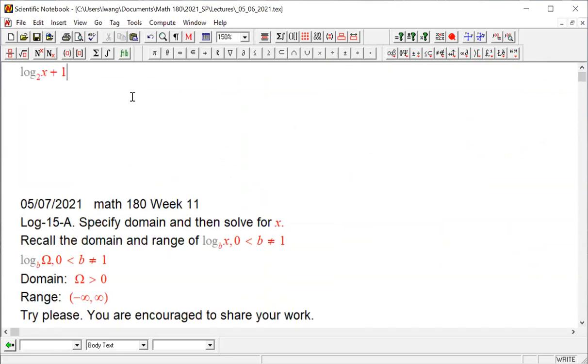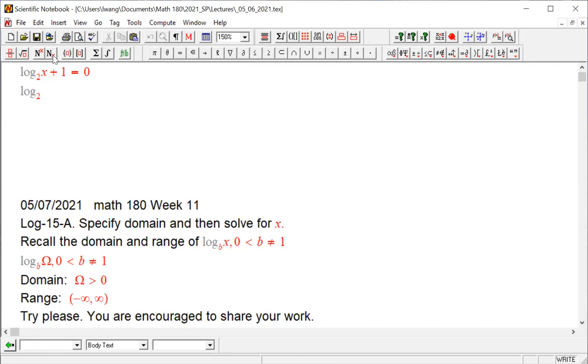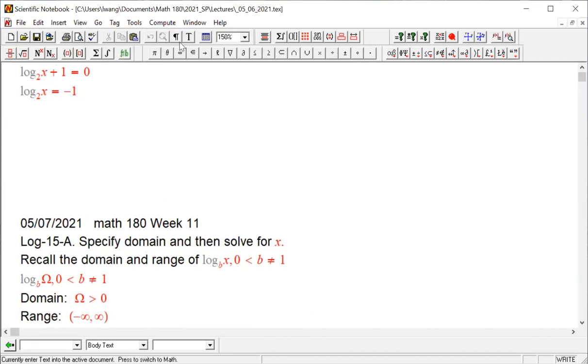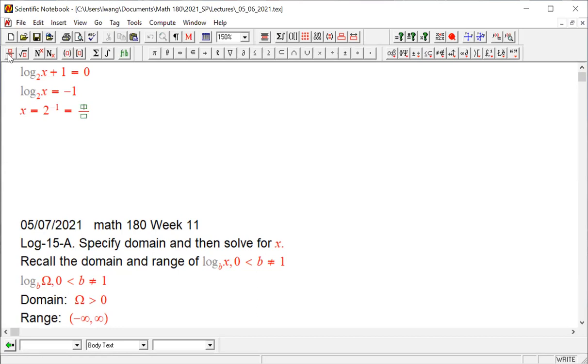You set y equals 0 and then solve for x. So log base 2 of x equals -1, and x equals 2 to the power of -1, and that's 1/2, right? So there's always a way to confirm our answers.